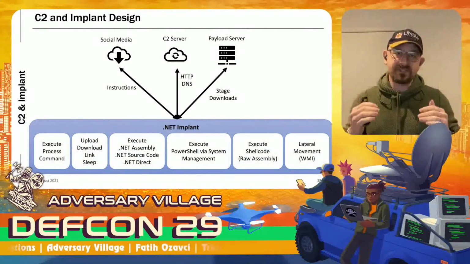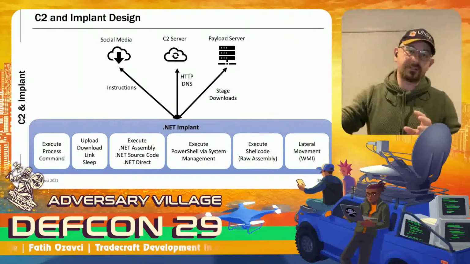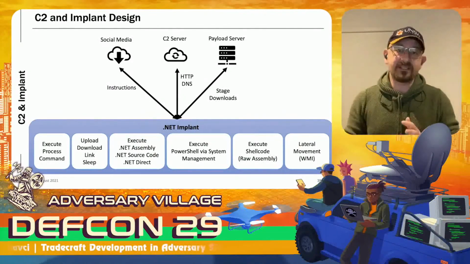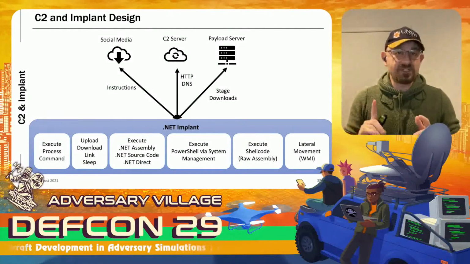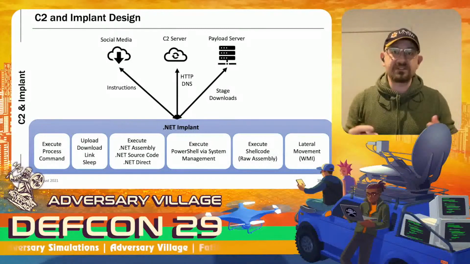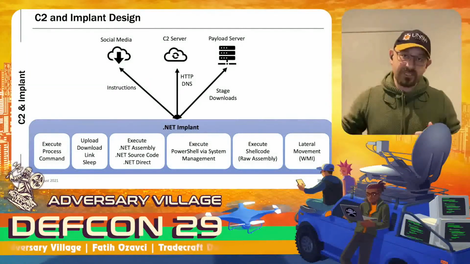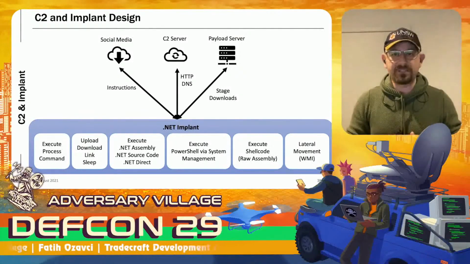But there must be also some features, capabilities focusing on third-party tools. They could be .NET applications, PowerShell scripts, shellcodes, and some other features as well. We don't know. We will just develop our implant on demand. Whenever we need some micro-attack techniques, we will add those features using different capabilities.